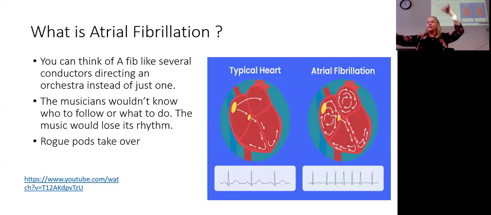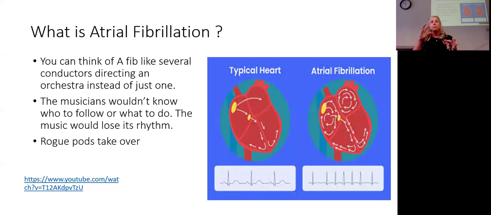They're all flailing around, and you're trying to watch the main conductor, but these other guys are in front of you and they're bigger, making a bigger scene. So the ventricles and the AV node don't know who to follow. They just start letting whatever come through. There's a lot of chaos going on. The music loses its rhythm, and the same thing happens in your heart. The ventricles lose their rhythm.